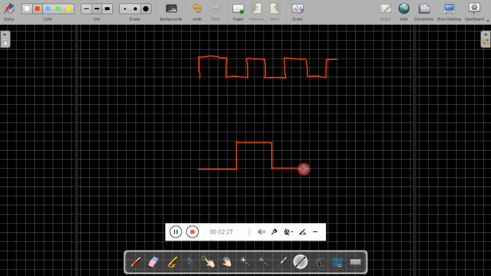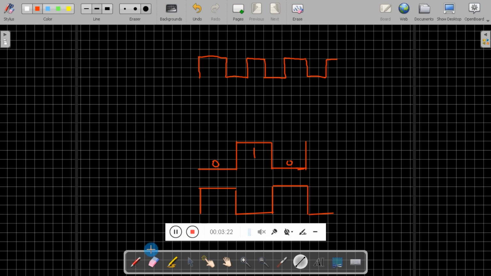Once again, when you give the trigger pulse, it will move to the unstable state.